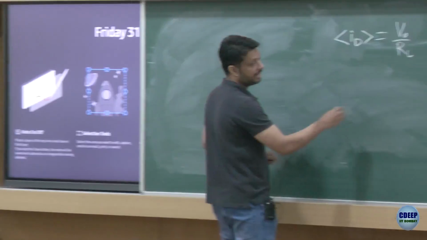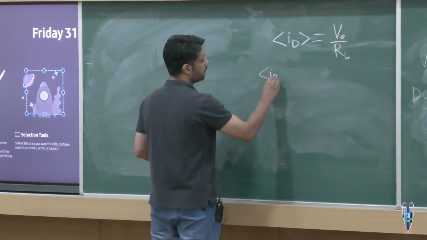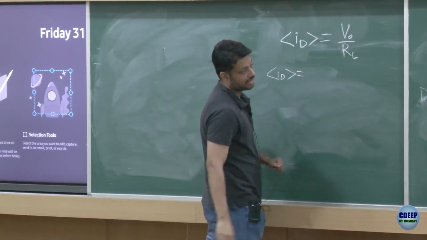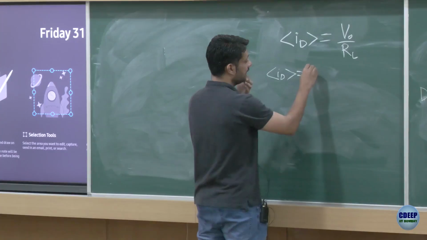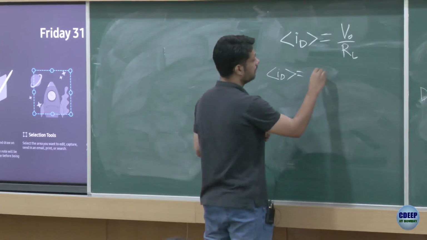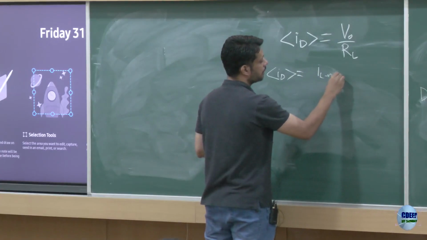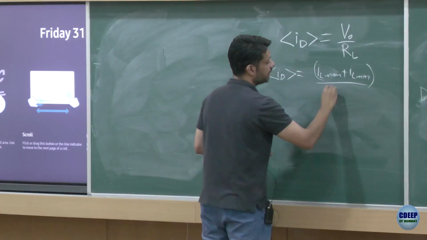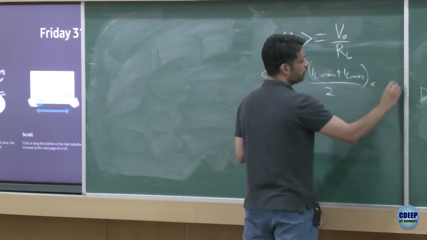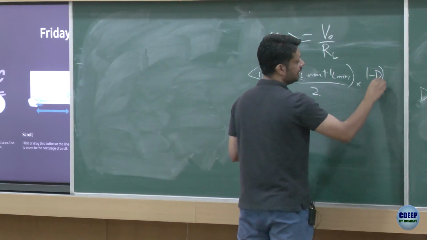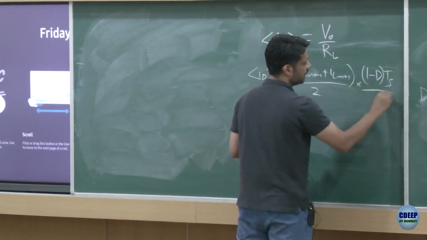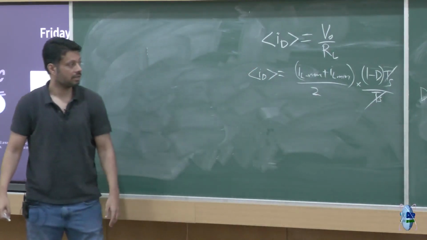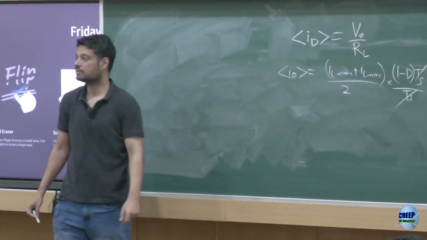And therefore, I can write the average diode current as (IL max plus IL min) divided by 2, into (1 minus D) times Ts by Ts, which will cancel out, right. This is the average diode current, just by geometry.